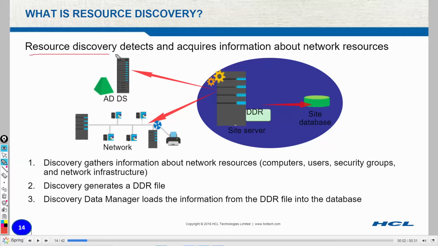Resource discovery detects and acquires information about your network resources. So what is on your network? If any printers, routers, switches, computers, devices, whatever is there on your network. Discovery gathers information about network resources such as computers, users, security groups, and network infrastructure.